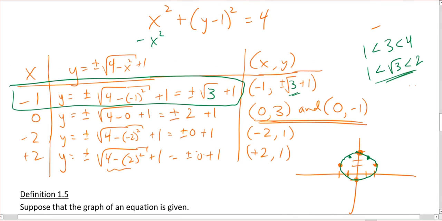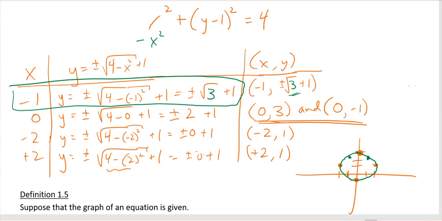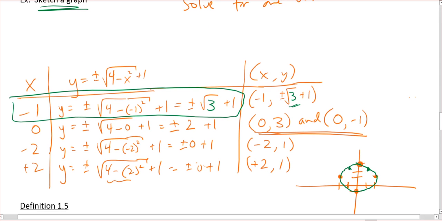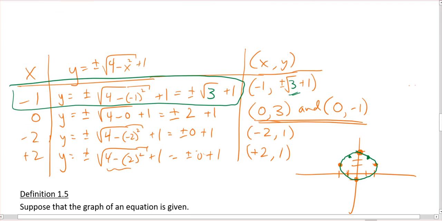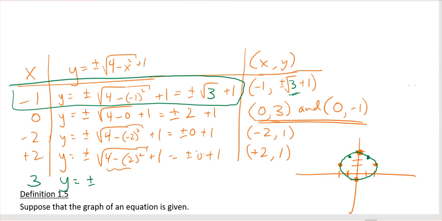Okay, so something that we should say a few words about is our choice of x values. It's not going to be true that we're going to get real numbers every time. So in particular, maybe we can pick something like maybe 3. So if I picked 3, what would happen? So we got y is plus or minus square root of 4 minus 3 squared plus 1.